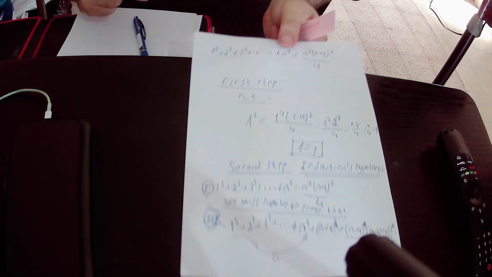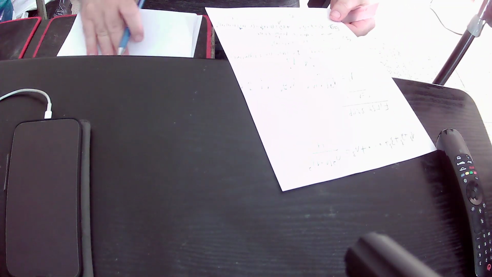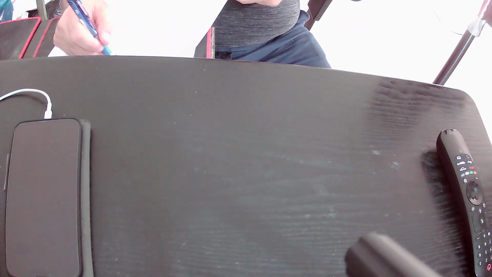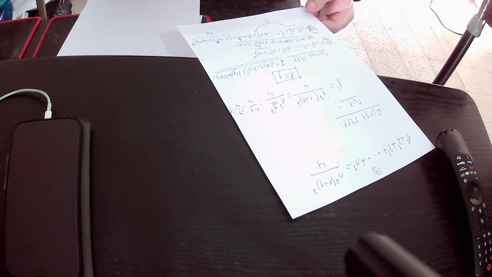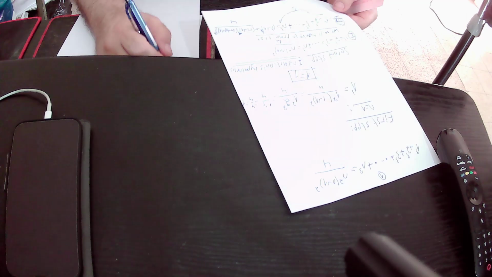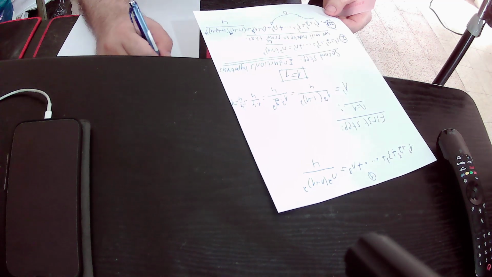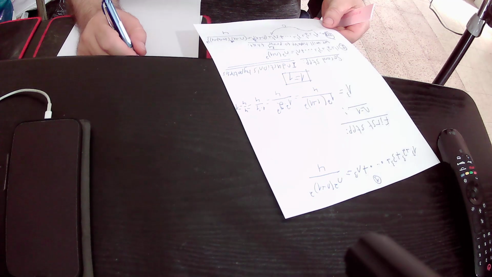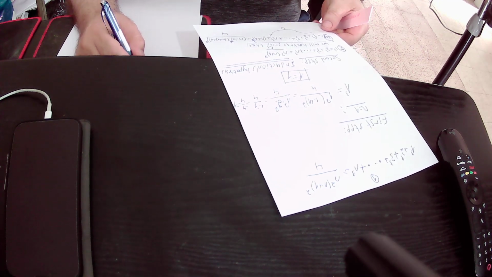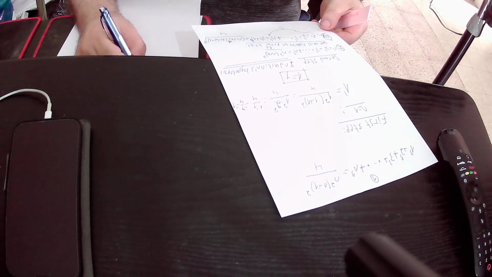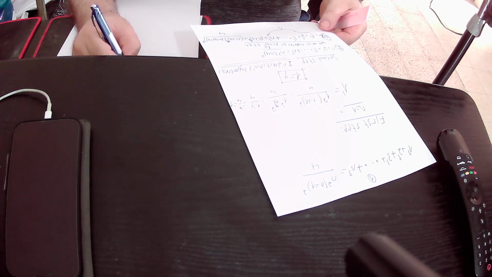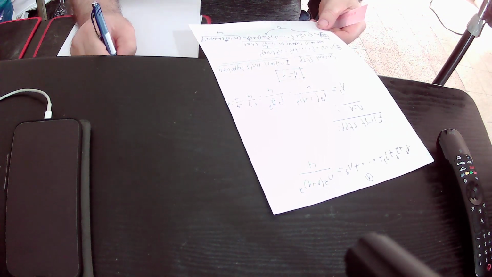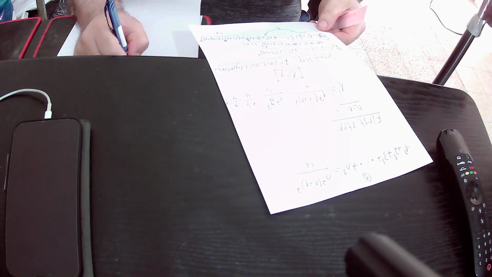Okay, so in the second expression, we'll substitute 1 to the power of 3 plus 2 to the power of 3 plus 3 to the power of 3 plus n to the power of 3 by n squared times n plus 1 squared, all divided by 4.